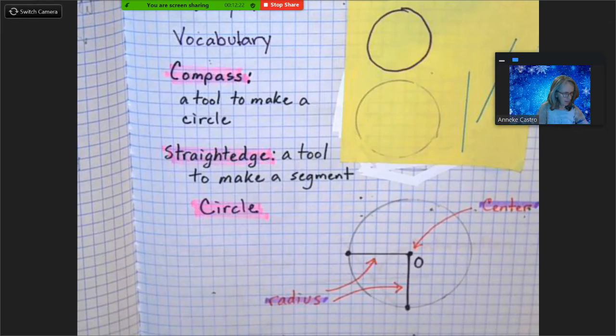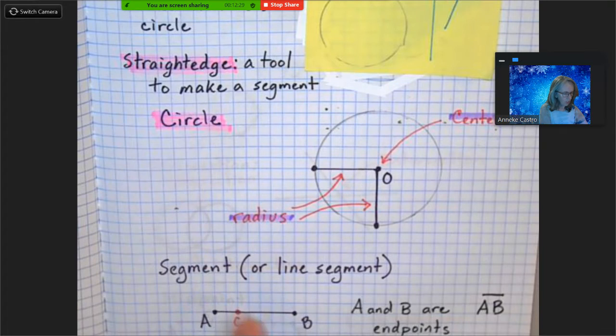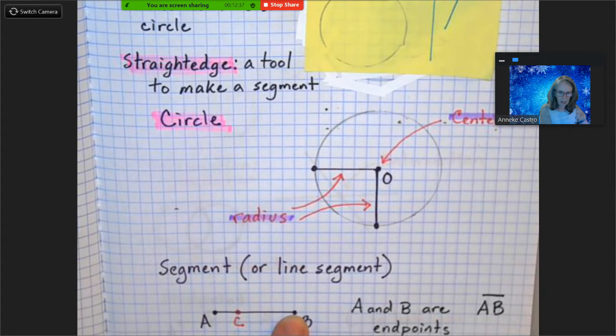Okay, next word from our activity today is segment, which can also be called a line segment. So a segment is a straight line that has two endpoints. So it starts at A and it ends at B. A and B are endpoints.